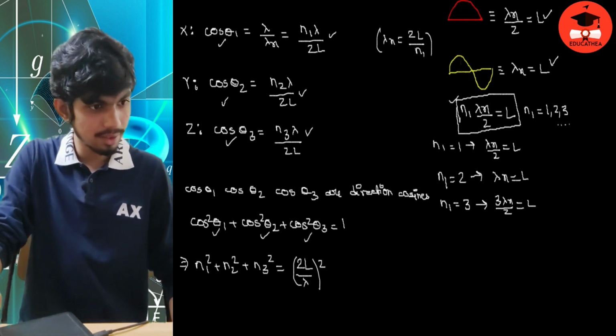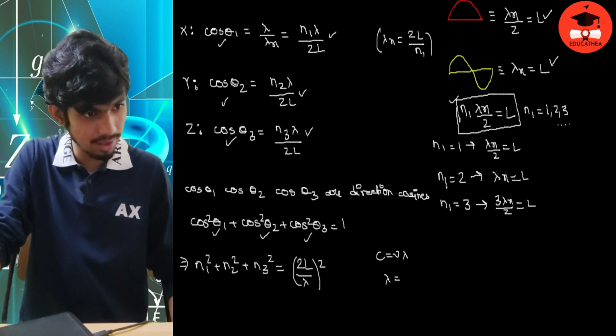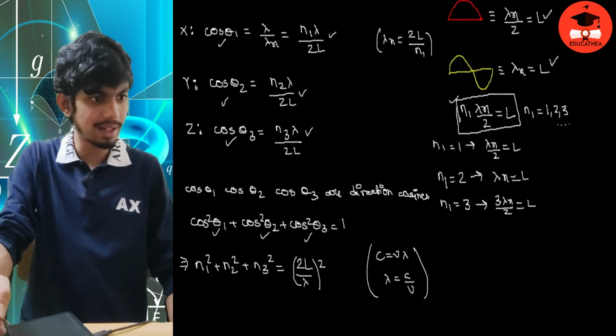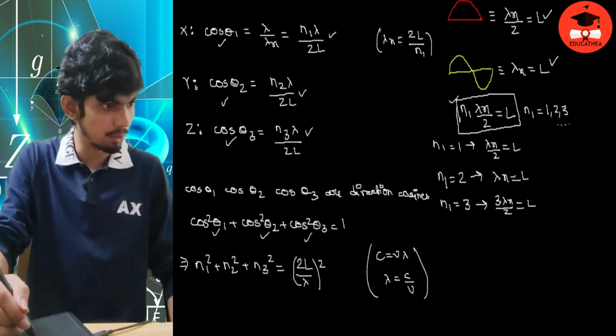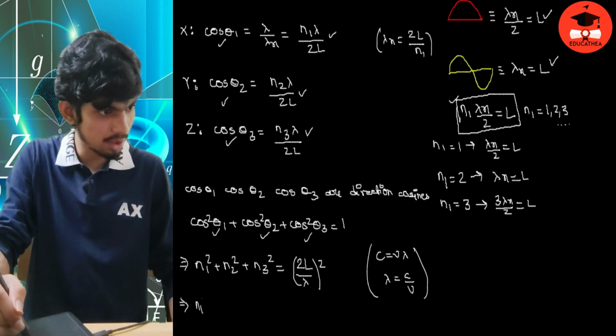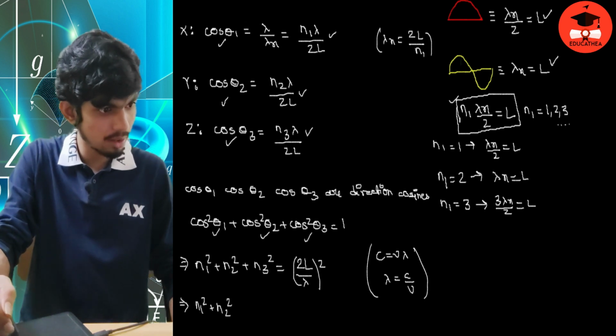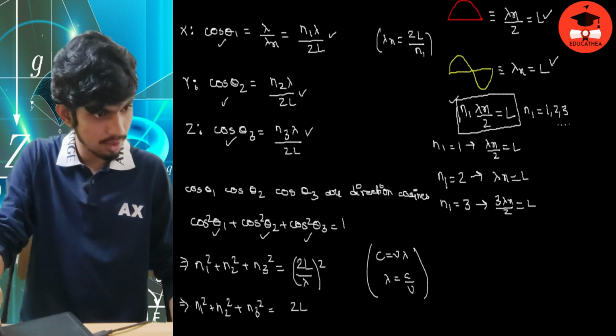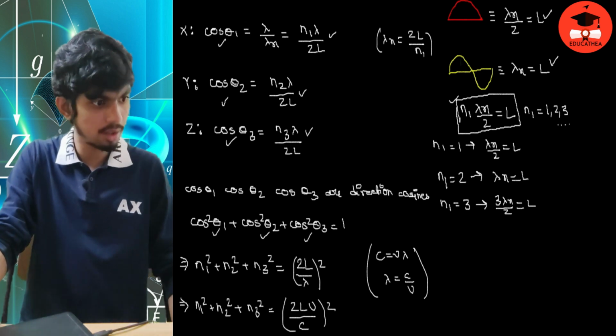Now we already know that C is equal to nu times lambda, right? So lambda is basically C divided by nu. So replace lambda by C divided by nu and you will get n1 square plus n2 square plus n3 square is equal to 2L divided by C into nu whole square.